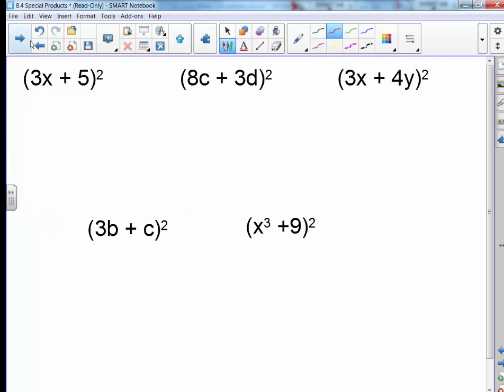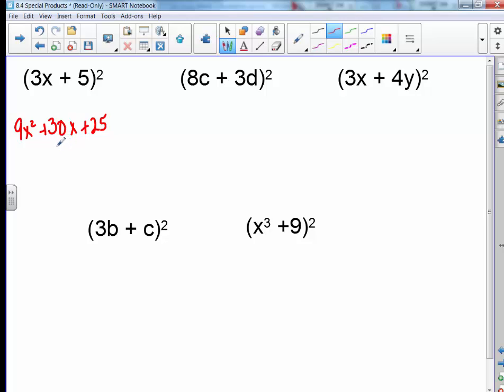Alright, the first one here, we square the first one, which is 3x times 3x, which will give you 9x squared. Then we go 2 times 5 is 10, times 3 is 30x. And then we square the last one, 25.